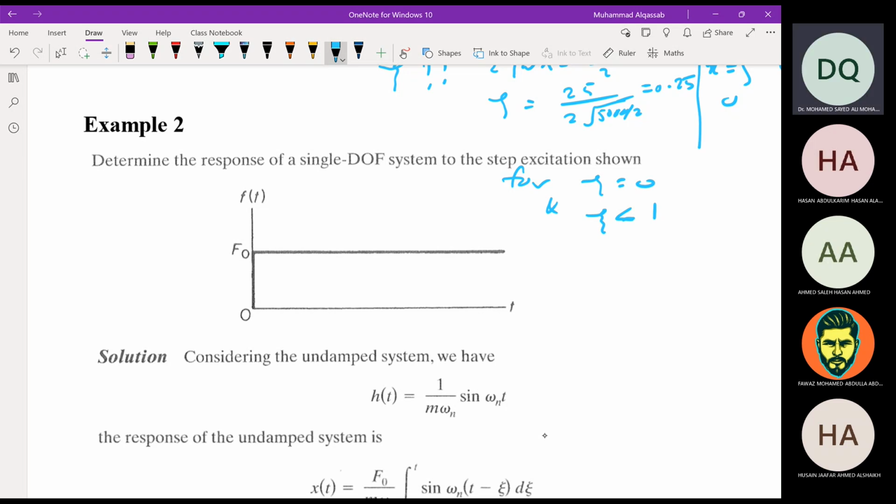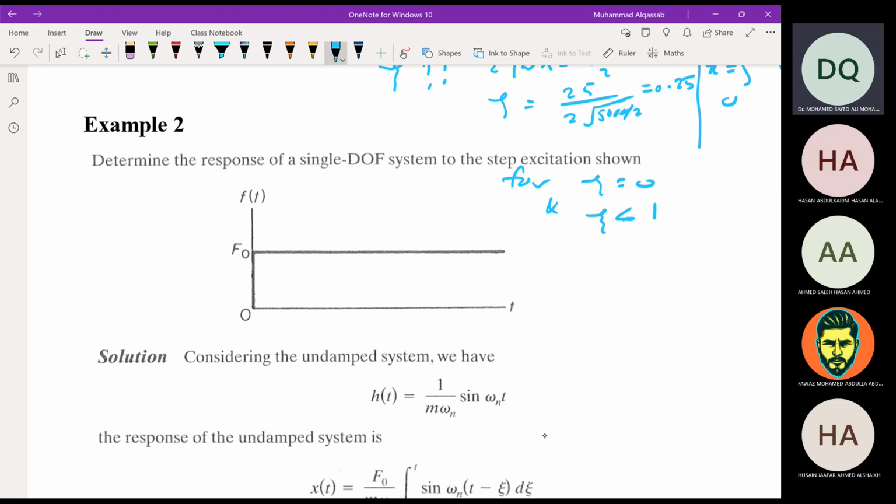Basic excitation. Often the support of a dynamical system is subjected to sudden movement specified by its displacement, velocity, or acceleration. Systems, machines or structures can be subjected to ground motion that can be given as displacement, velocity or acceleration.